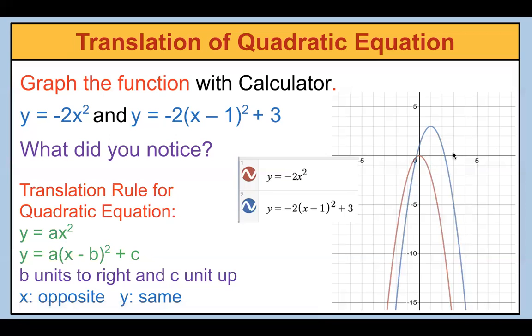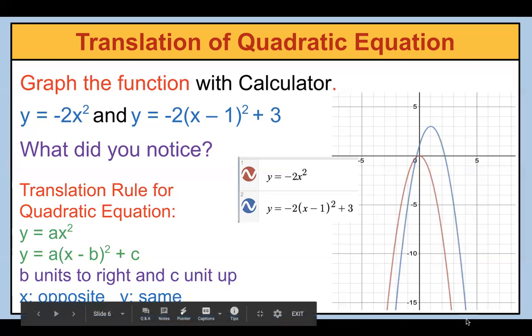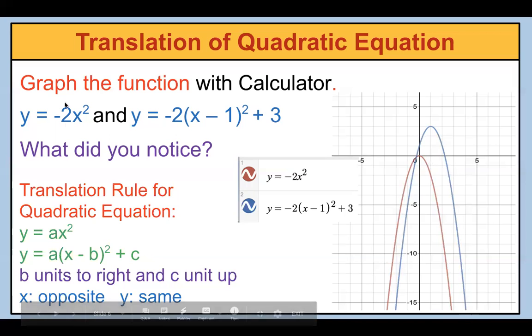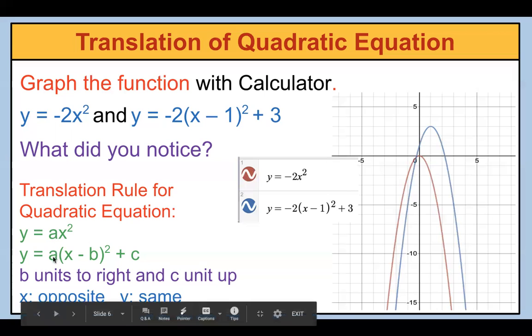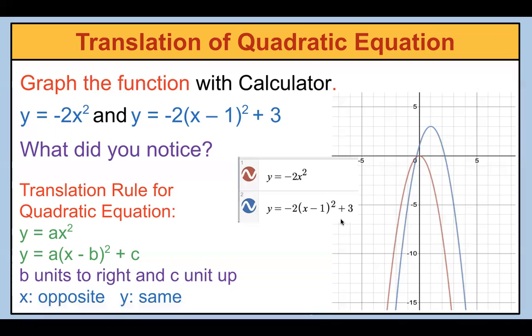If a is positive, it goes up. If a is negative, it goes downward. Like here, a is negative 2, right? So a works that way, but now for your vertex, you are going to translate the whole graph, x first and then y, right? X moves to the right or left, right?